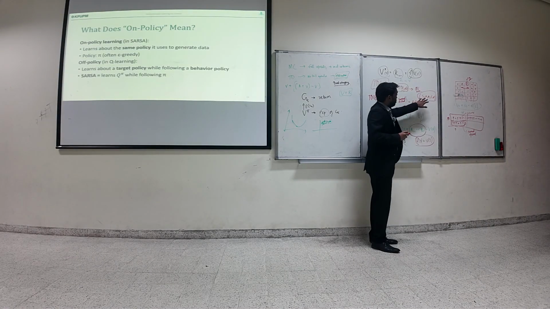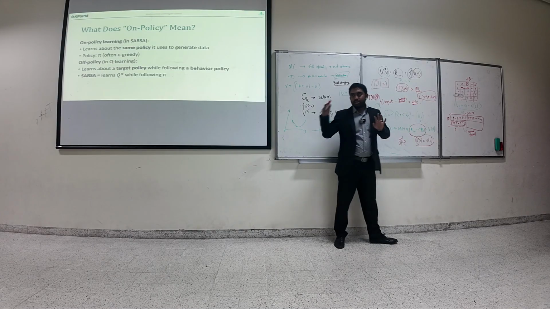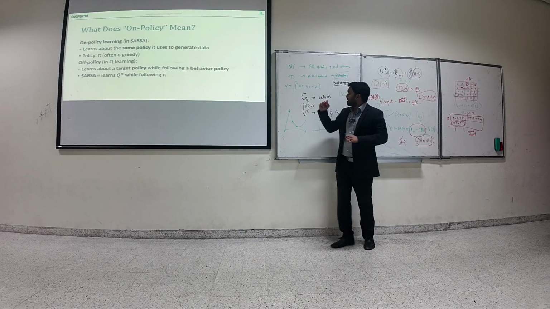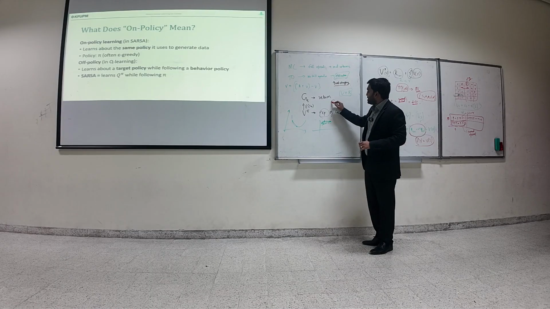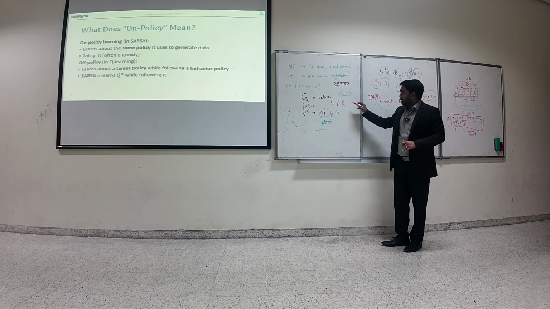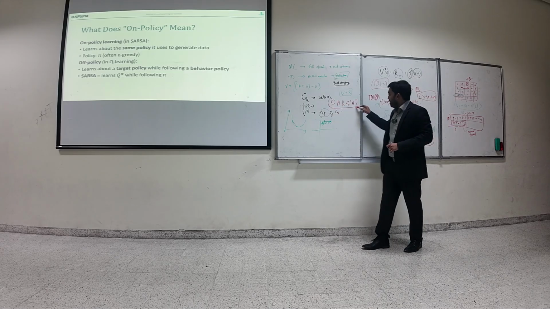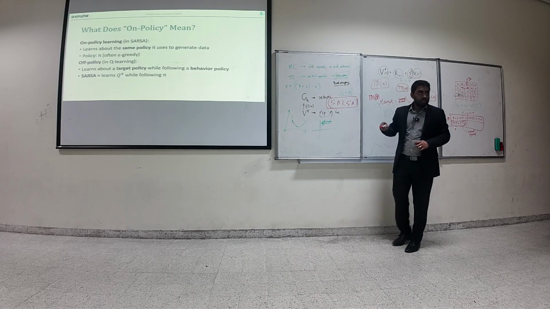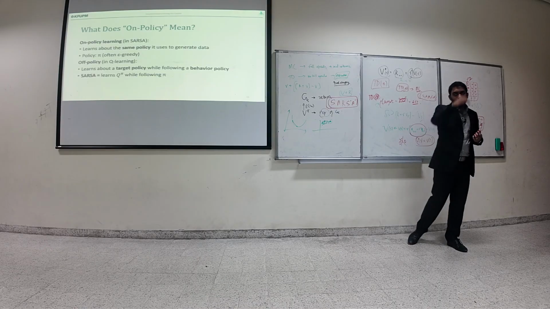So every time, no matter what policy or algorithm you're following, you log this information: state, action, and the reward that you get, plus the next state you end up in, and what next action you will take. You will have this tuple. You put this in a logbook.